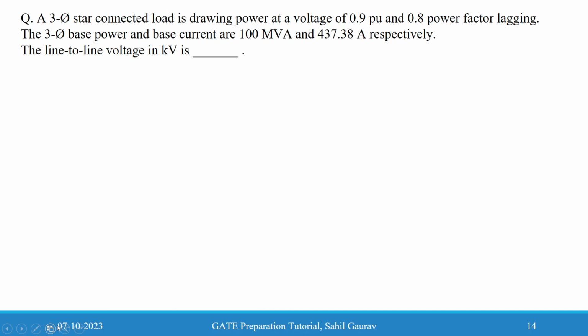So here the question is that a three-phase star connected load is drawing power at a voltage of 0.9 per unit and 0.8 power factor lagging. The three-phase base power and base current are 100 MVA and 437.38 ampere respectively. The line-to-line voltage in kV is? So the base power and the base current are given.